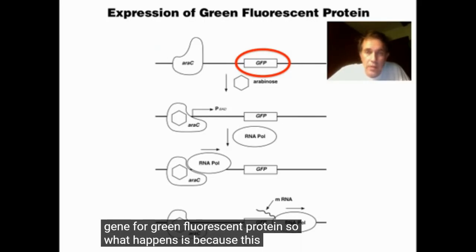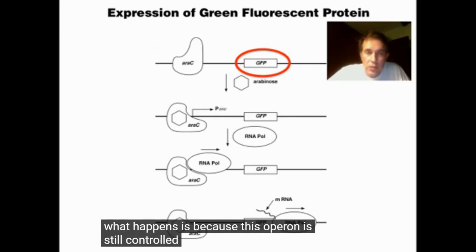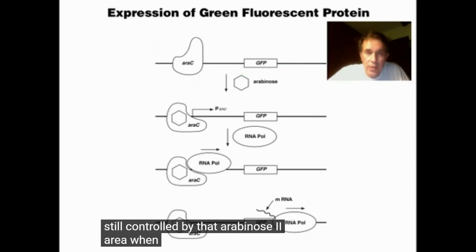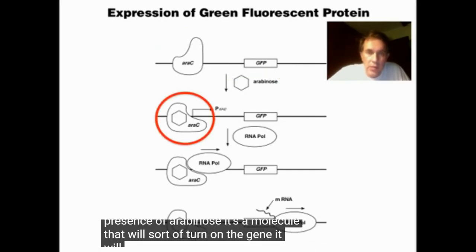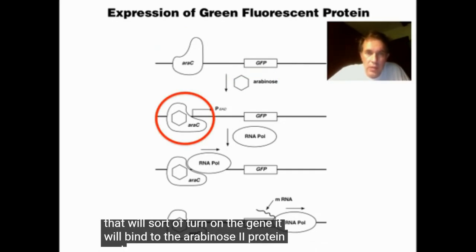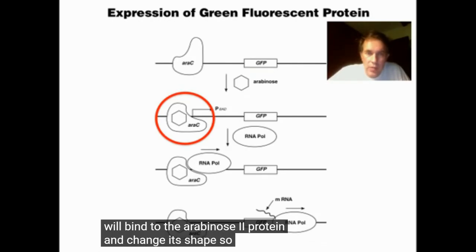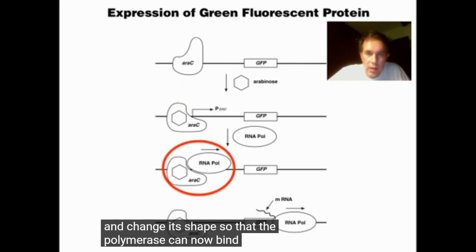Because this operon is still controlled by that arabinose C area, when we grow the cells in the presence of arabinose, the same molecule that will turn on the gene, it will bind to the arabinose C protein and change its shape so that the polymerase can now bind.